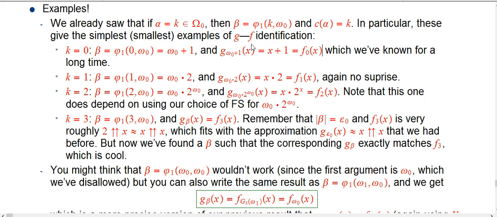Okay, so I don't know if we ever really noticed that identification, but that's the absolute simplest example of a g using an infinite ordinal identified exactly with an f using the smallest number we know of, which is 0. So we've known that, but we haven't emphasized it before. K equals 1, we create beta out of phi1 of 1 omega naught.